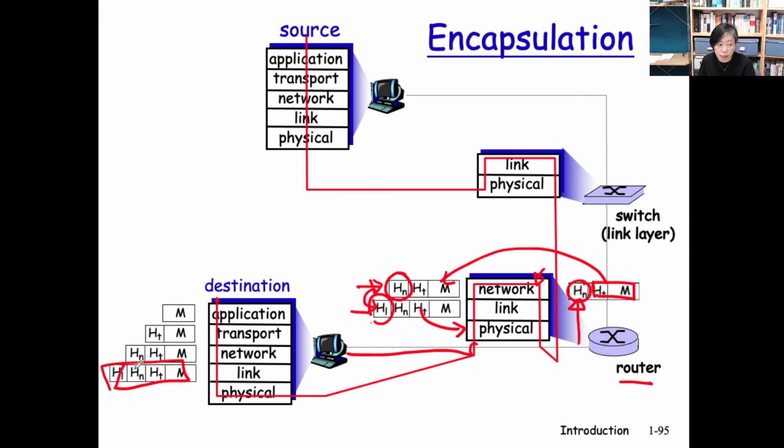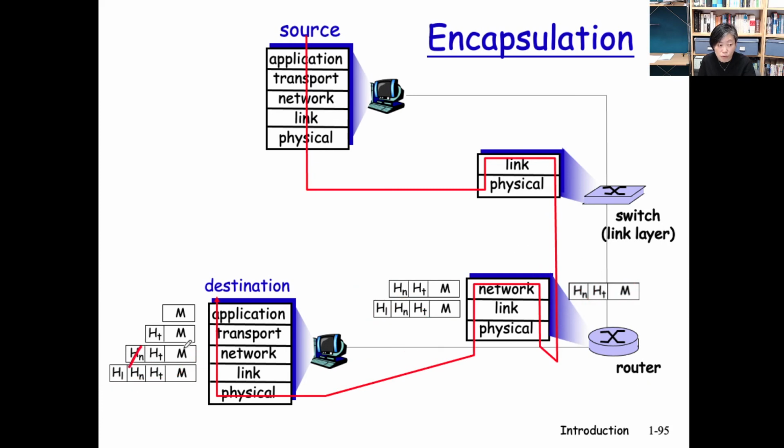This is checked by the link layer, and the remaining gets passed up to the network layer. And you see this removed, this part gets passed up to the transport layer. This removed, and this part here gets passed up to the application layer. And here, the destination process there at the application layer finally sees the message coming from the source originally. So this is how a message travels through the protocol stack and the physical infrastructure and more protocol stack, up and down, all the way up to the application layer at the destination.